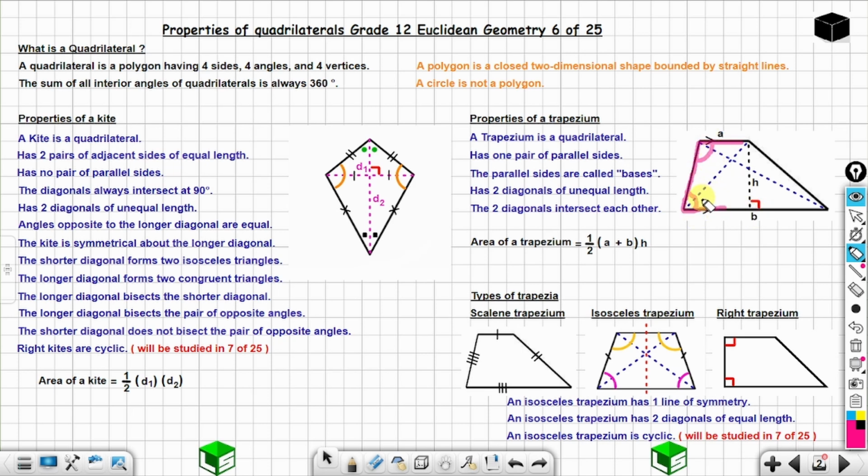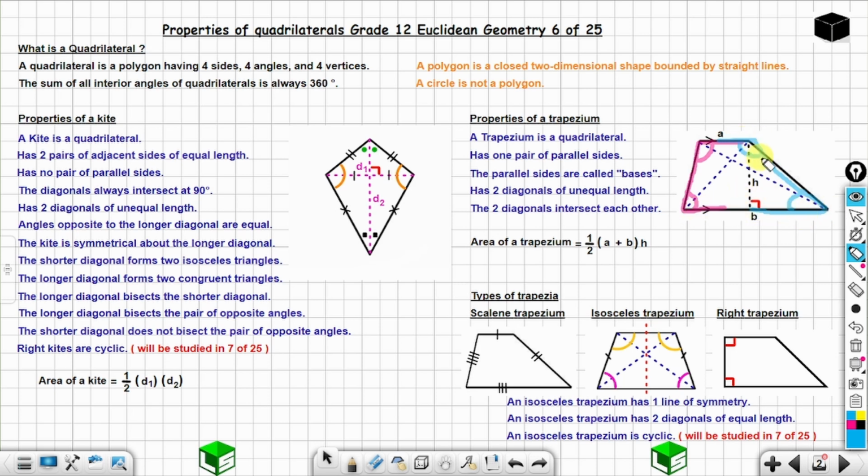Even on this side, you have your U shape, this angle plus this angle. You are going to have co-interior angles because this side is parallel to this side.